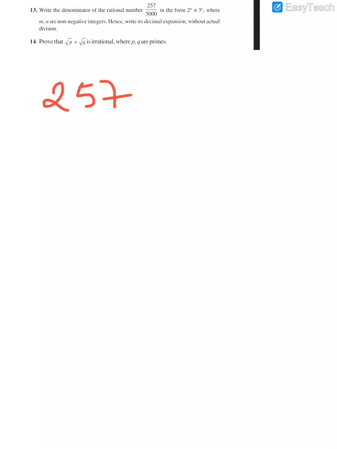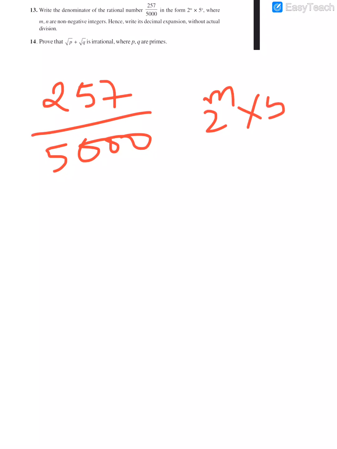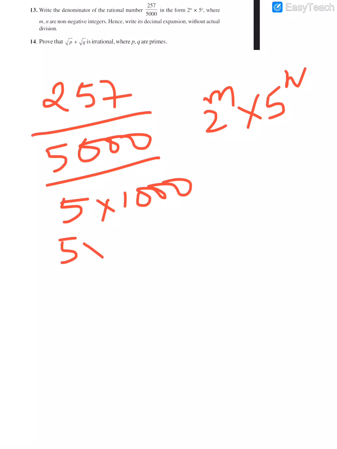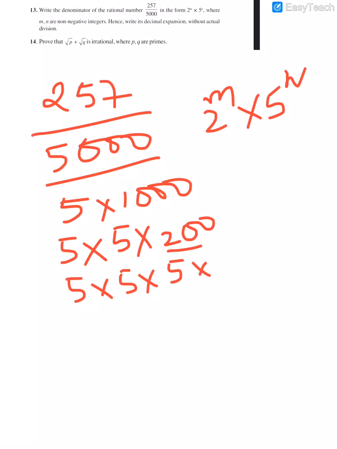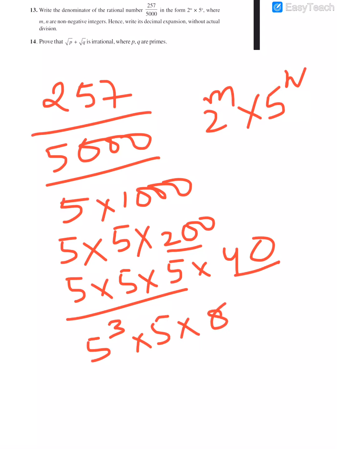Write the denominator of 257 by 5000 in the form 2 power m 5 power n. Let us write 5000 as 5 into 1000, and 5 into 1000 can be written as 5 into 5 2s are 10, 5 into 5 into 5 4s are 20, 5 cube into 5 into 5 8s are 40.